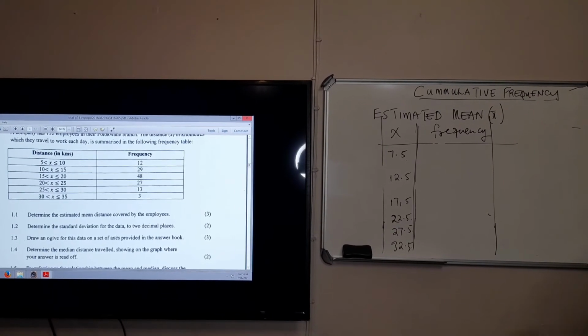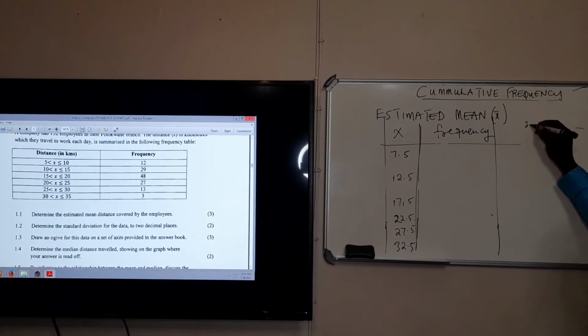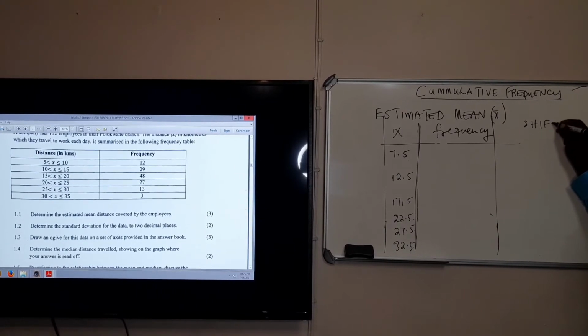To find the estimated mean, you quickly take your calculator and press Shift followed by mode. So it's Shift followed by mode.